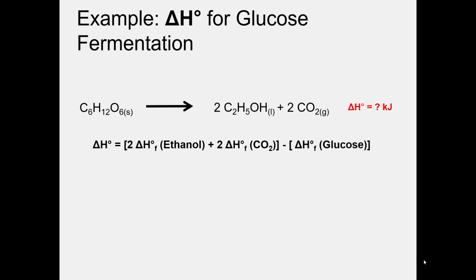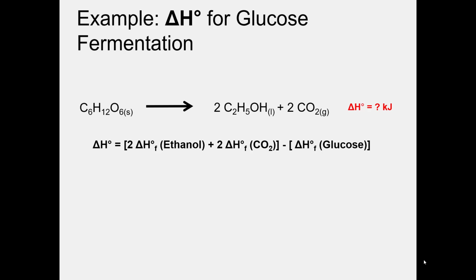In this problem, we're told that we can decompose glucose to give us 2 moles of ethanol and 2 moles of CO2. This is basically the process of fermentation that bacteria and yeast can perform on glucose.